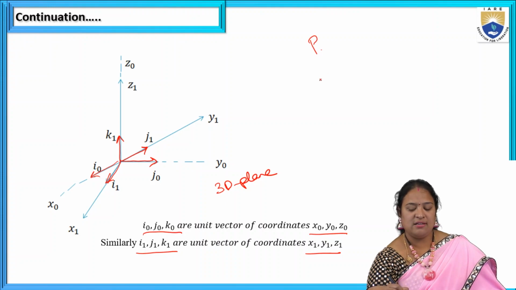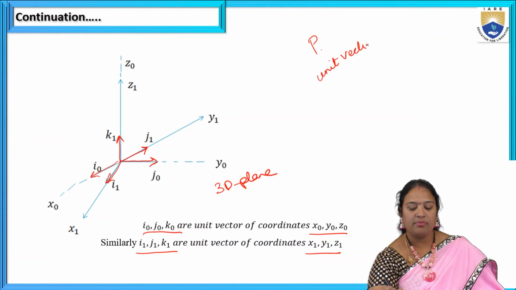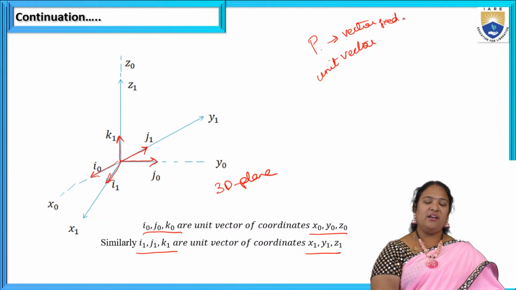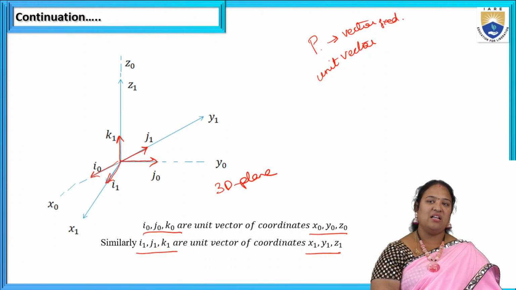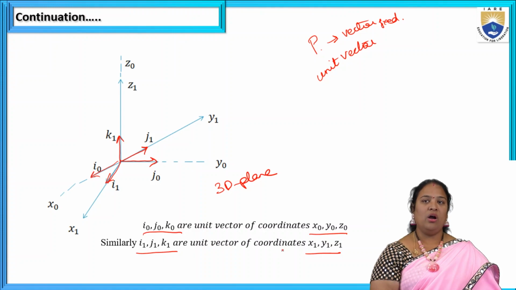Now we are considering the unit vectors. This is the fixed vector. And now when we are considering the unit vectors for the same rotational matrix, we will get i0, j0, and k0, which are determined on the coordinates x0, y0, and z0.